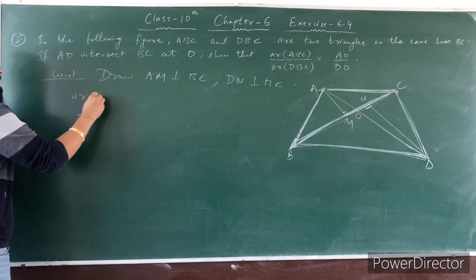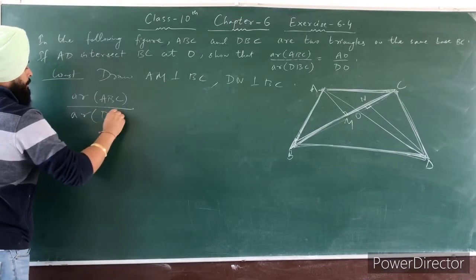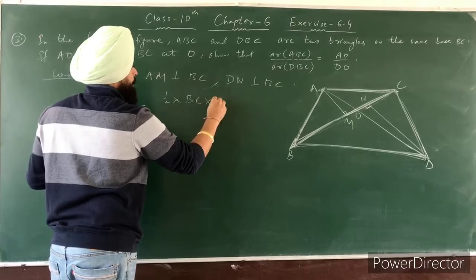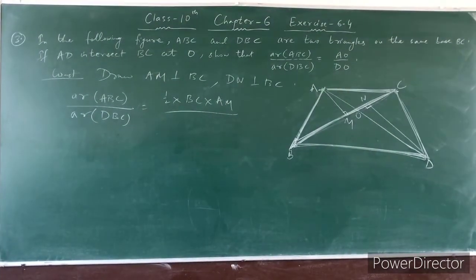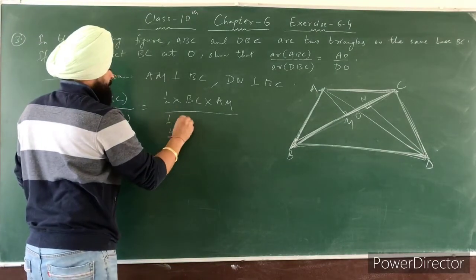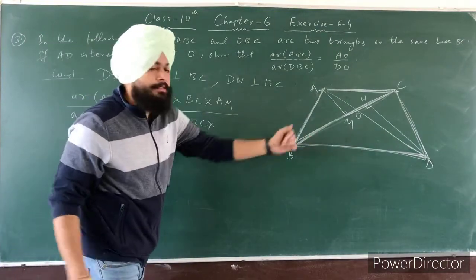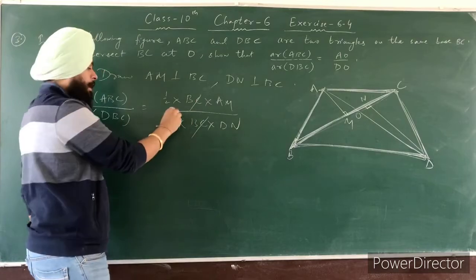So you can write the area of ABC over area of DBC is half into base into height, and area of DBC is half, base is the same BC and height for this triangle is DN. Now BC cancels, half cancels.